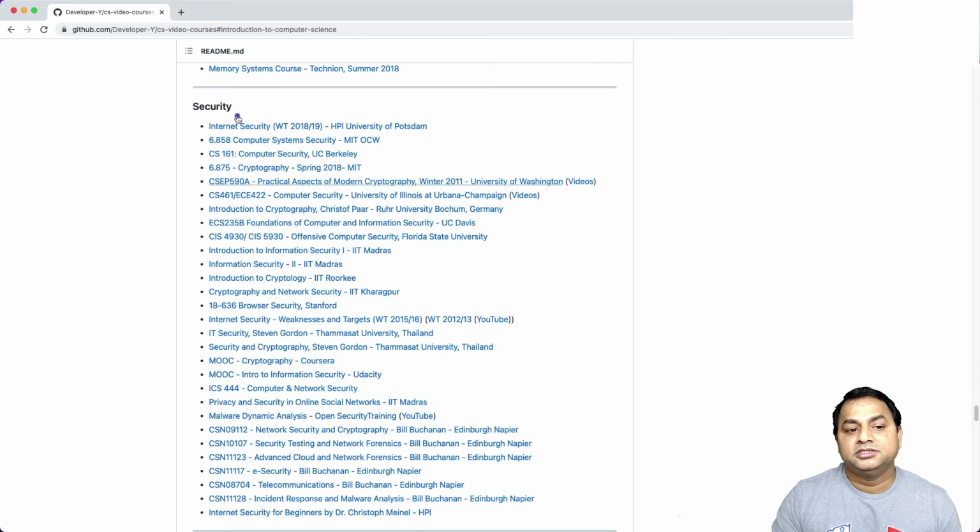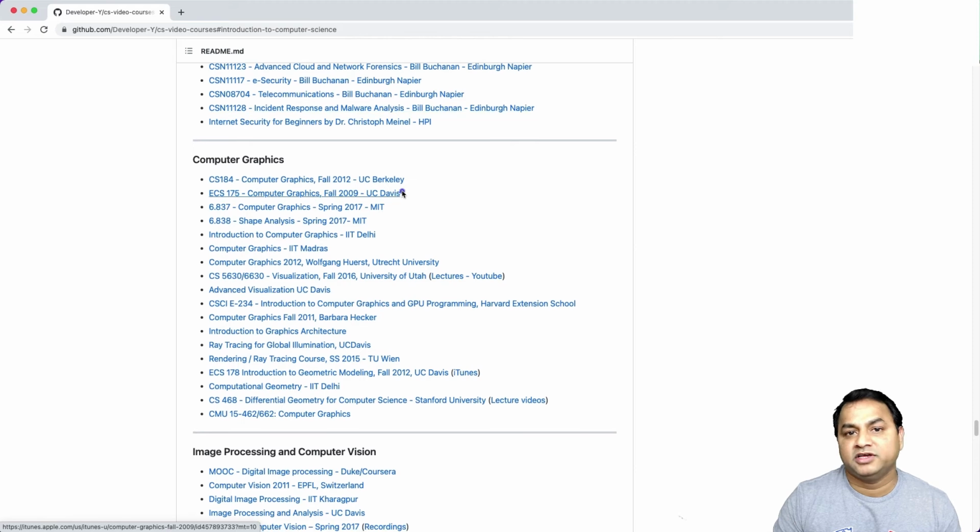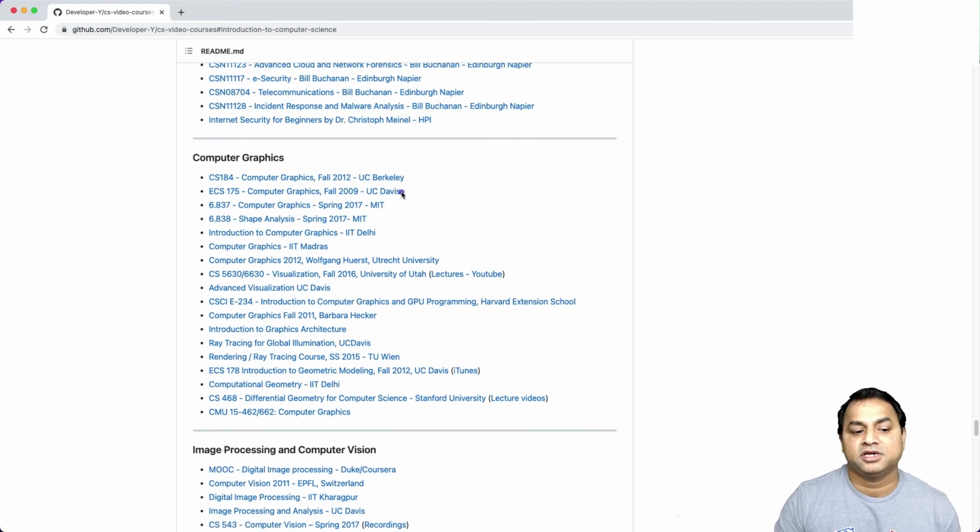And then security. Cyber security has now become very popular, and universities have posted a lot of material on it. And then computer graphics, this is actually college based. You don't think like, okay, whether they can provide Adobe or Maya. I don't think they will provide that.